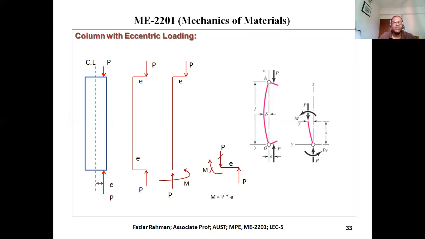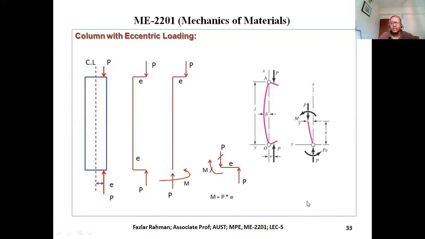eccentrically, that means the direction of the load is not going through the centroidal axis or center line of the cross section, then how we can analyze the critical stress or critical load of a column.